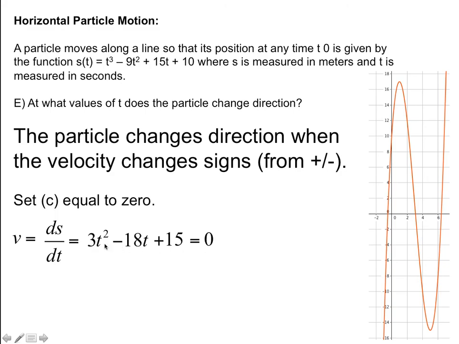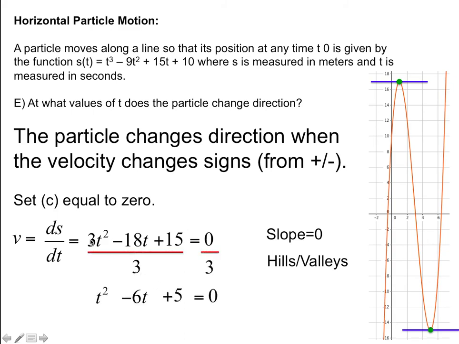And of course, when I see a trinomial like this, the first thing I should be thinking about is factoring. The first thing I look at are the coefficients, and if I can reduce those coefficients or not, and I can pull out a 3. So I would prefer to factor out a 3, and in this case I divided. So we're really trying to factor t squared minus 6t plus 5, and that factors into t minus 5 and t minus 1.